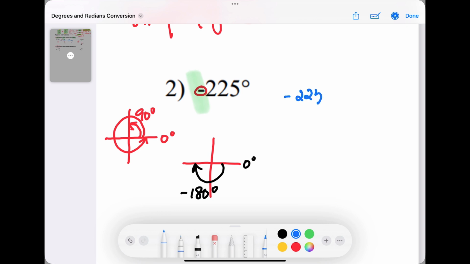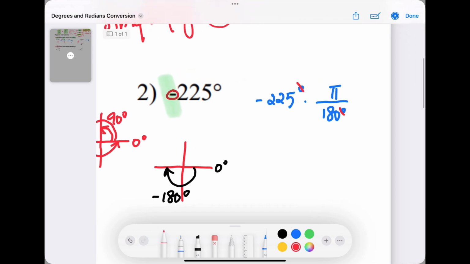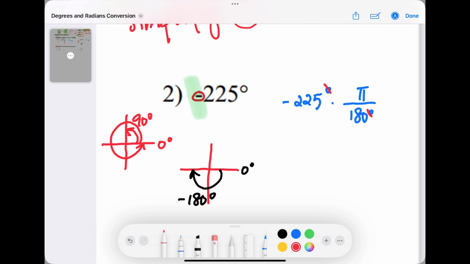So let's talk about the business now. Given negative 225 degrees, I want to convert that to radians. I don't want degrees, so the 180 degrees has to be at the bottom and pi over that. Seeing is believing, the degree cancels out. Can I have a final answer? Yes, the final answer will still be negative. If you do mental math, very cool, right?